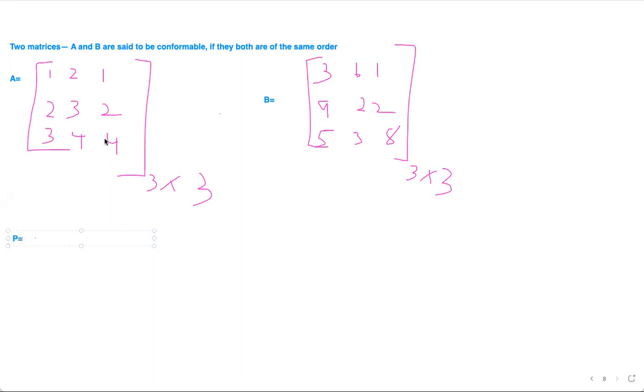P is equal to 2, 1, 0, 6, 3, 1, 4, 8, 1, 1, 0.